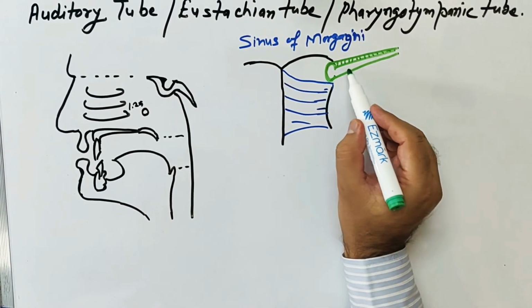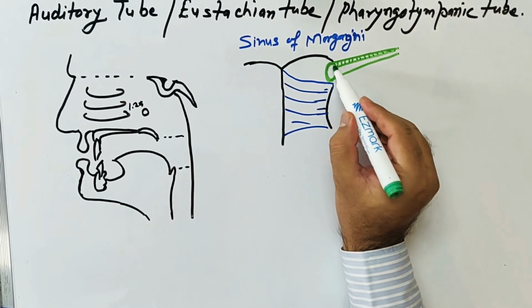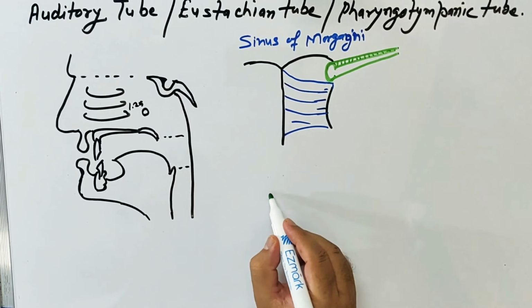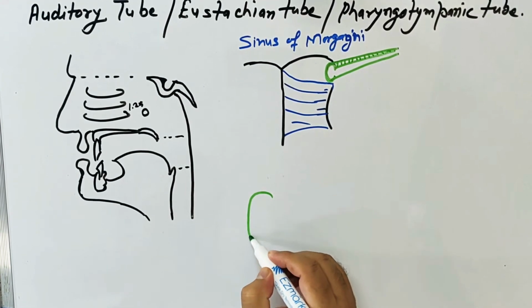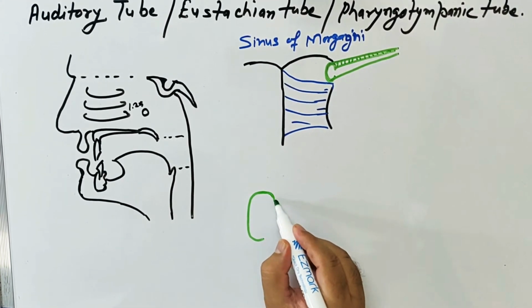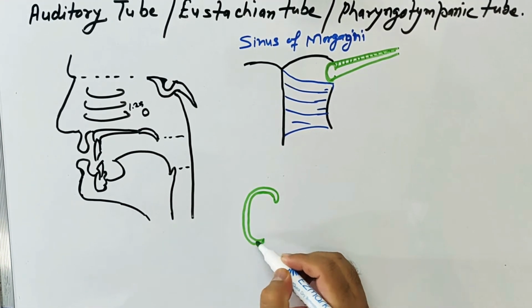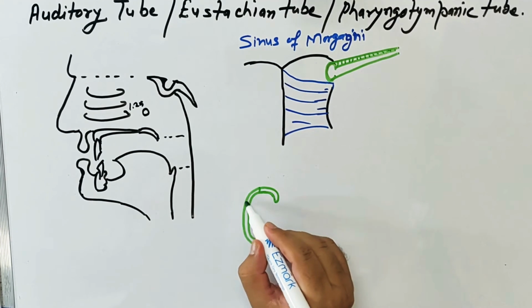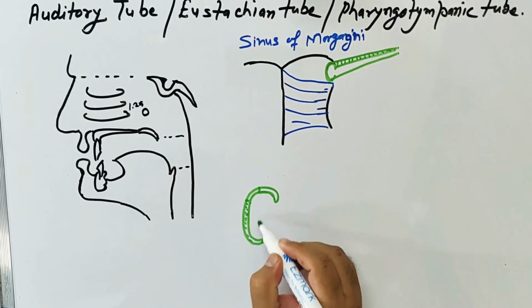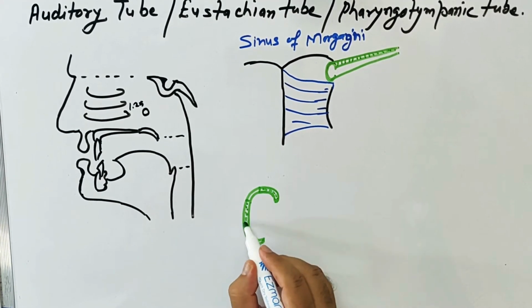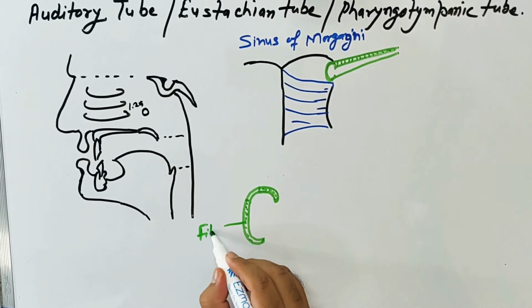This is elastic fibrocartilaginous. That means this part, if you enlarge it, becomes like an inverted J. So this part is fibrocartilaginous.